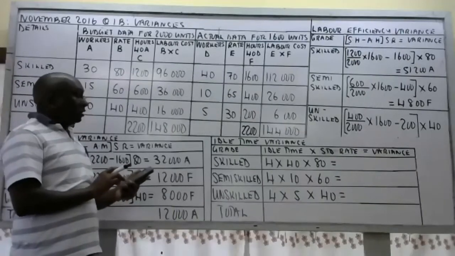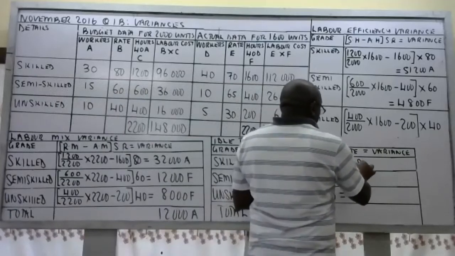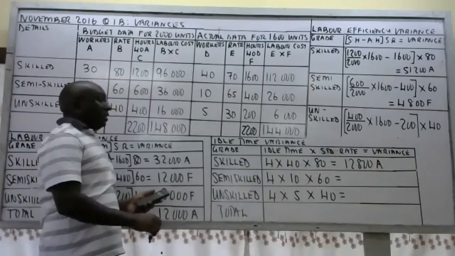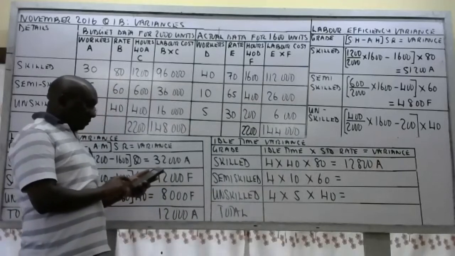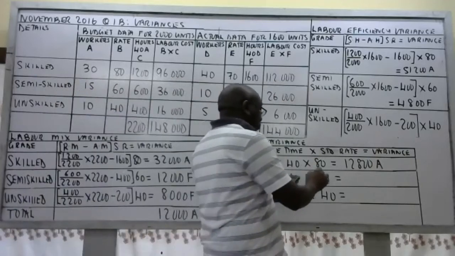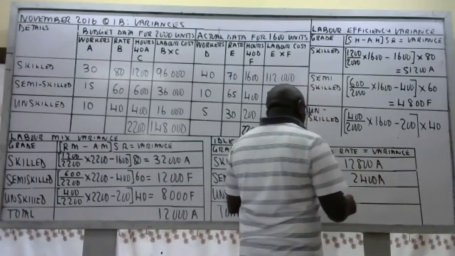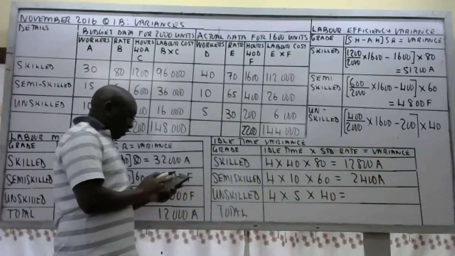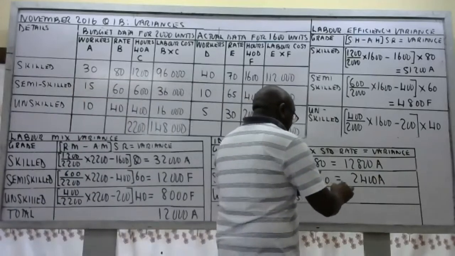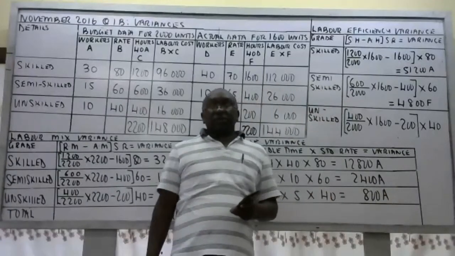So 4 times 40 times 80 is 12,800. Obviously, this one must be adverse. 4 times 10 times 60 is 2,400. That is also adverse. 4 times 5 times 40 is 800, which is also adverse.